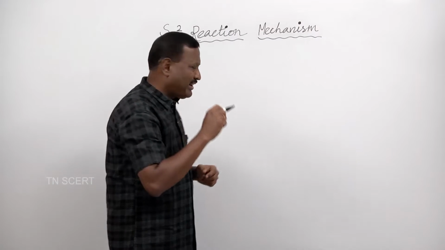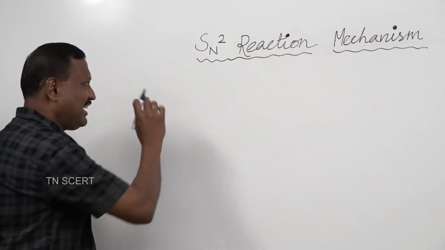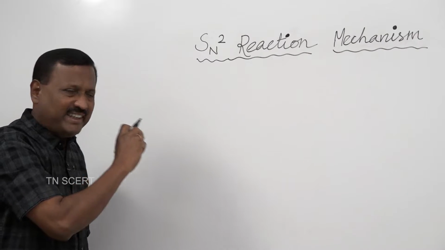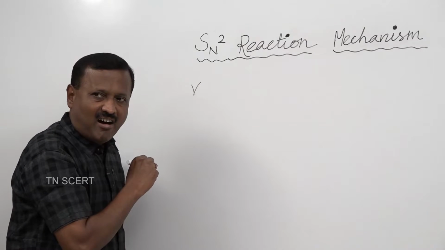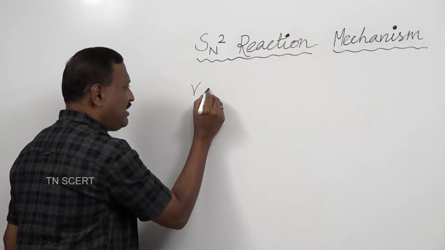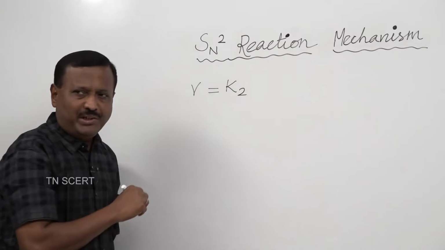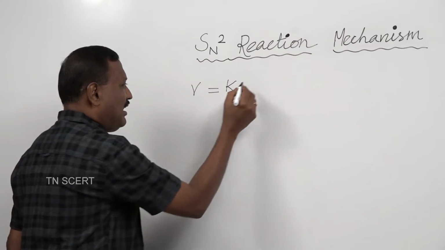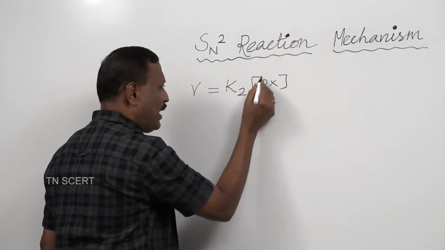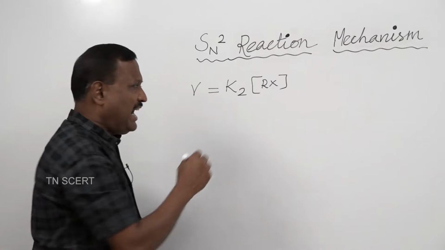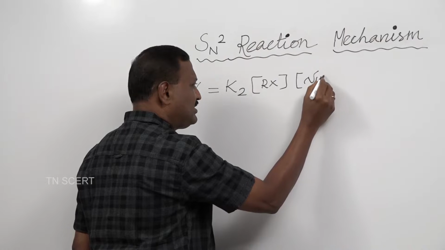Minus 2-bromo-octane is taken. Before that, let us write the expression for SN2 reaction. Here the rate of a reaction is R. The rate of the reaction is equal to rate constant K2 of this second order equation, and the concentration of alkyl halide is square bracket RX, and the concentration of nucleophile is square bracket Nu minus.